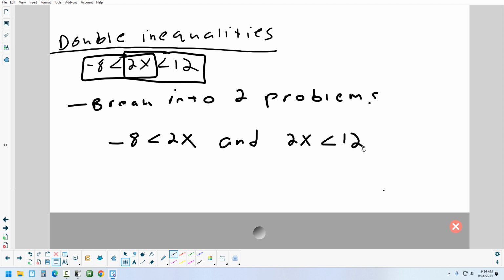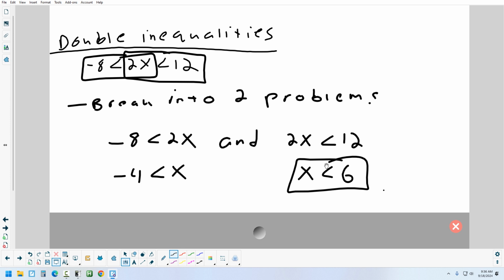So in this case, -4 is less than x, and x is less than 6. This one is fine. I would rewrite the one on the left so it's x is greater than -4. So that means it's a number between -4 and +6. Open interval, bounded.